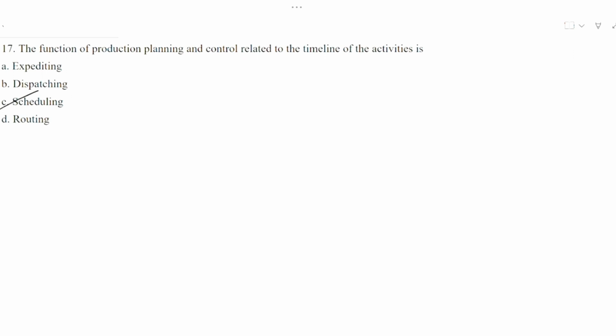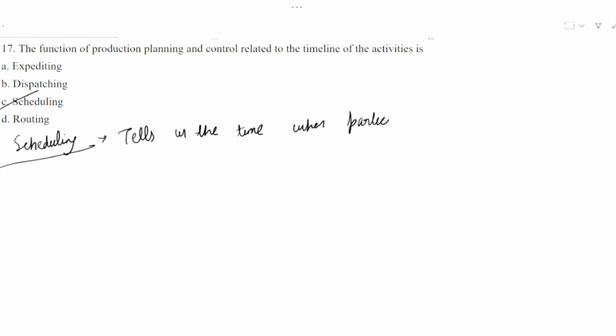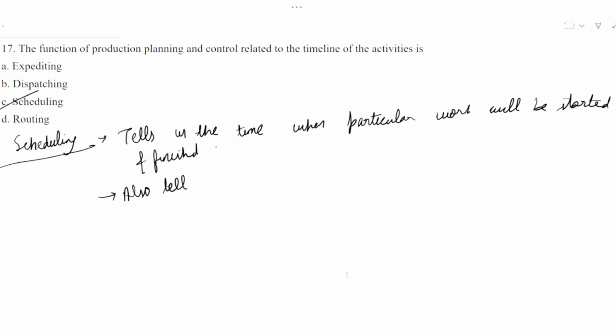So, scheduling tells us the time when particular work will be started and finished. It will also tell us the sequence in which the operations will be done.